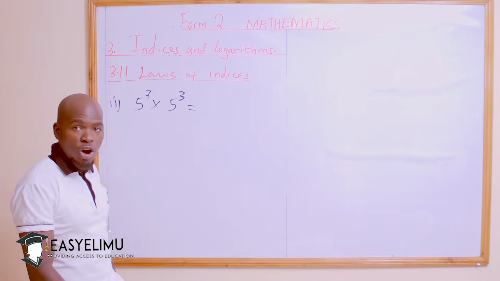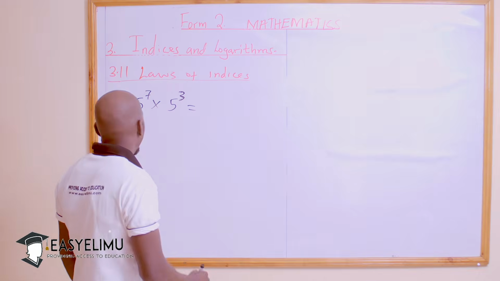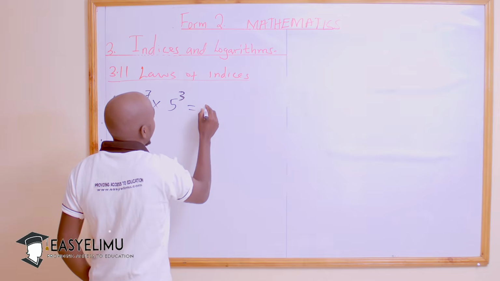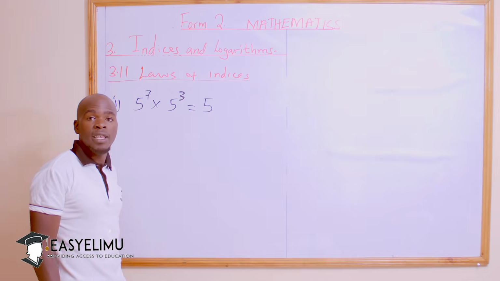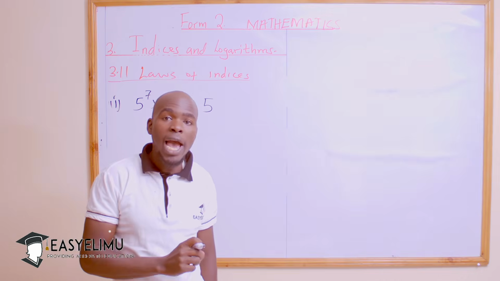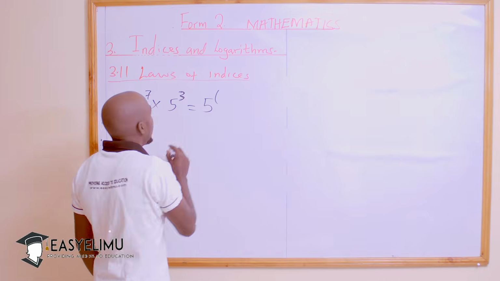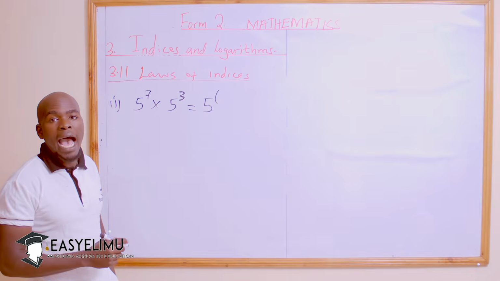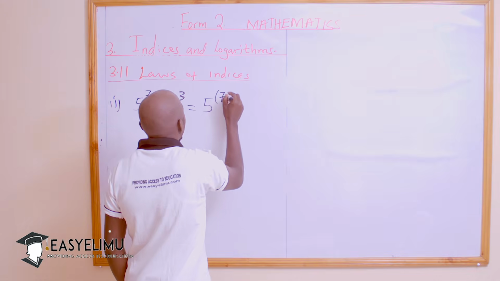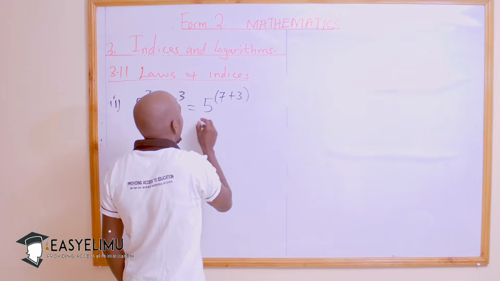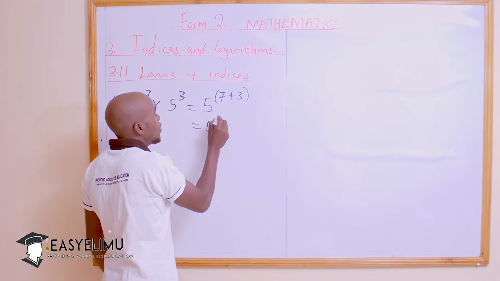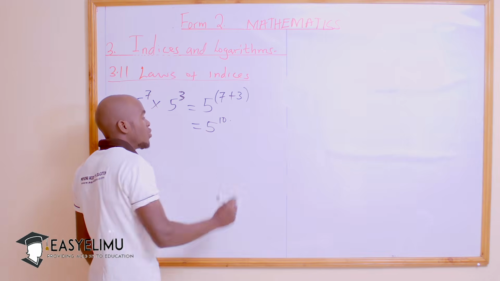According to the first law of indices, since 5 is the same base for the two items, we shall take 5. Then to the powers, we shall add, because it's the first law, and you will find it gives you 5^10.